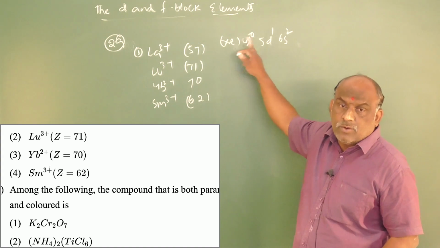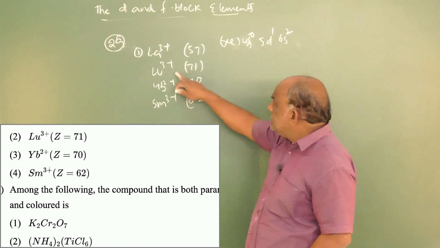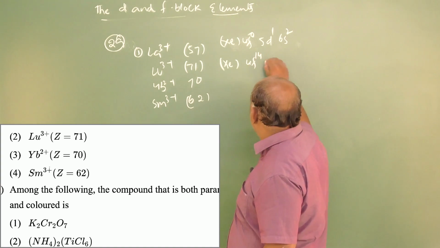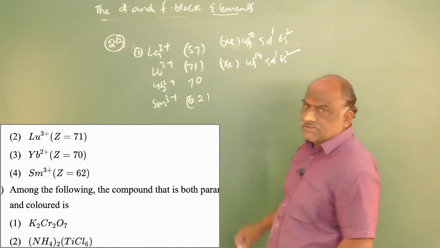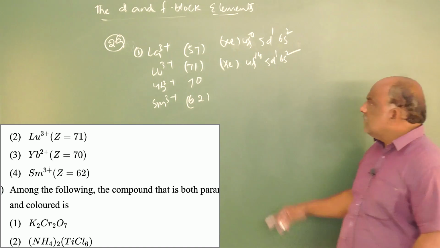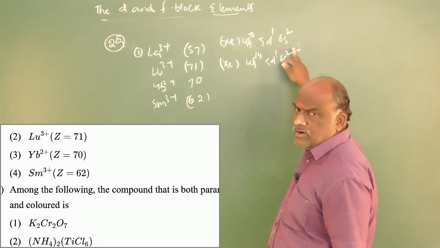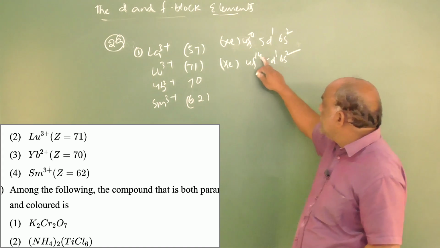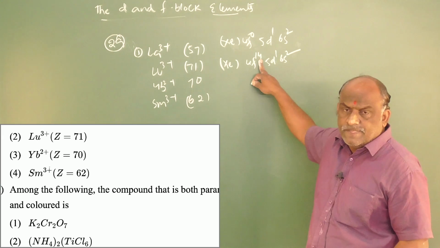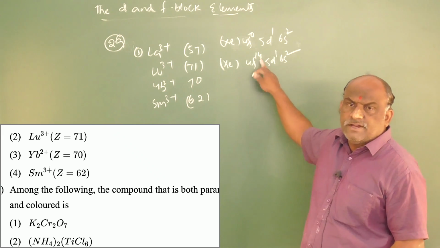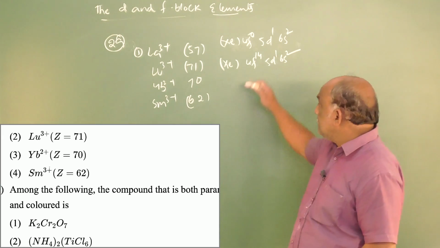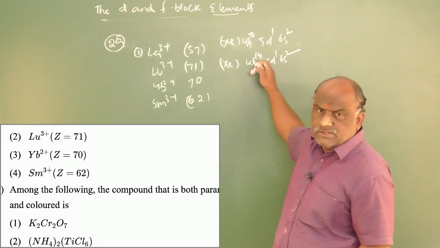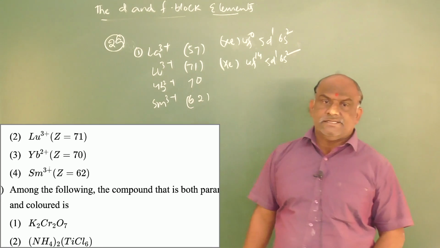Next, lutetium: xenon 4f14 5d1 6s2. Lutetium 3+, by removal of 1 electron from 5d and 2 electrons from 6s, is a fulfilled configuration, also a stable electronic configuration. There are no unpaired electrons, so it is not a paramagnetic substance.